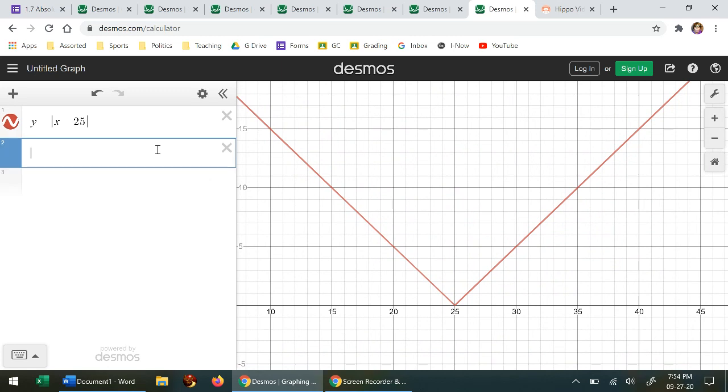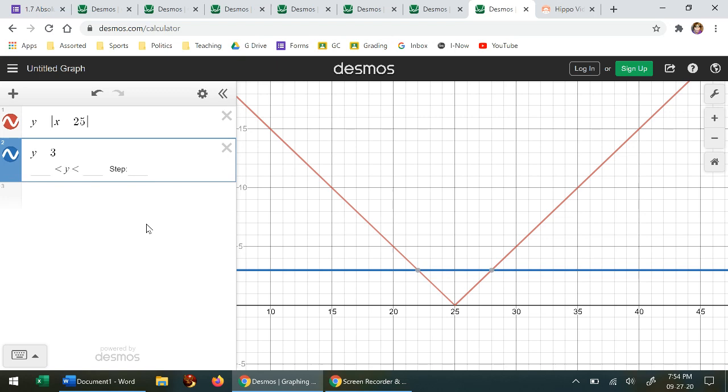Since we can be off by 3 pounds, we need a line that says y equals 3, because that's our basic line that we need to get the intersection. And so this is a graph of the problem, and it gives us the two x values of 22 and 28, which we figured out using common sense.